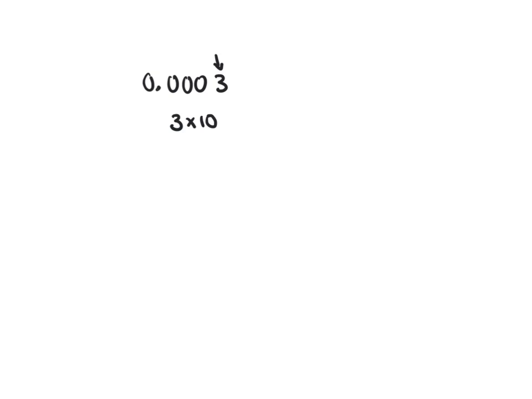So for a small number, this exponent will be negative. From the 3, I have to move 1, 2, 3, 4 places to get to the decimal place. So this would be 3 times 10 to the minus 4. For very large numbers, such as our 30,000, we would have 3, and then the decimal place is clear to the right, 1, 2, 3, 4 places after the 3.